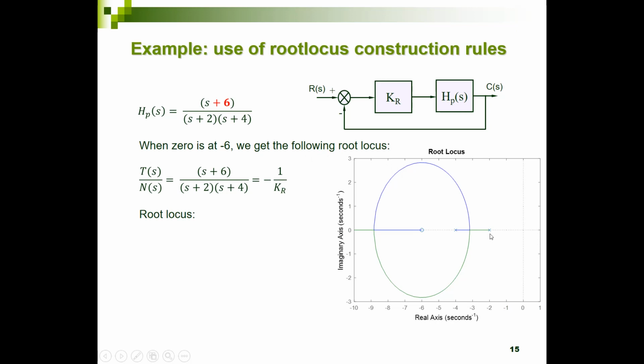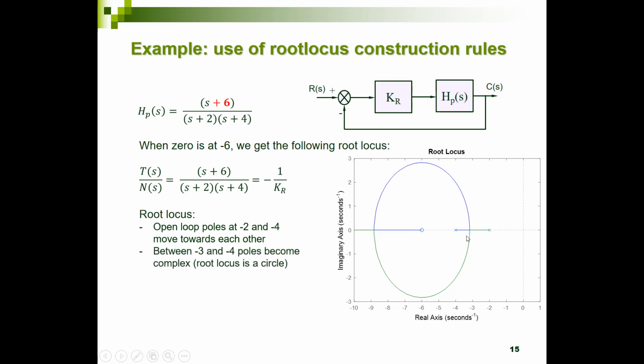We see that the pole locations are here at minus 2 and at minus 4, and that the location of the 0 is not at s is 2 anymore, but at s is minus 6. And then the root locus, when we construct that by using MATLAB, looks like this. The two branches start from the poles, so one moves to the right side and one moves to the left side, and somewhere between minus 2 and minus 4 they split off and they form a so-called circle.